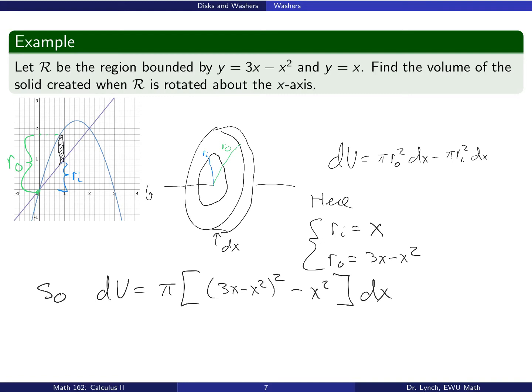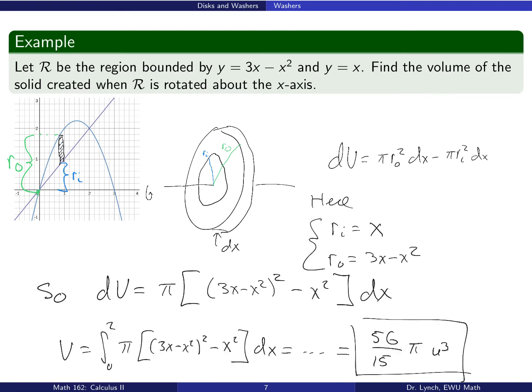Use the definite integral to add up those bits of volume on the interval from 0 to the intersection point. In this case, we can see from the graph that that intersection point is at x equals 2. If we weren't sure, of course, we could just set the graphs equal to see where they intersected and use the fundamental theorem of calculus to evaluate the corresponding definite integral.